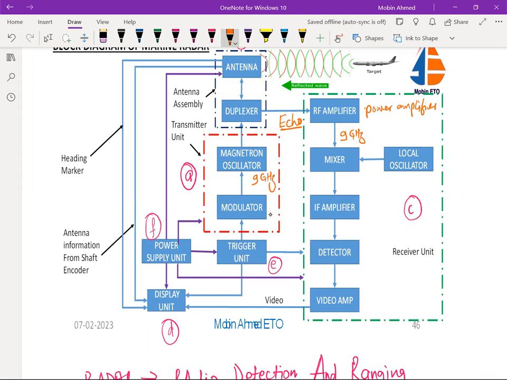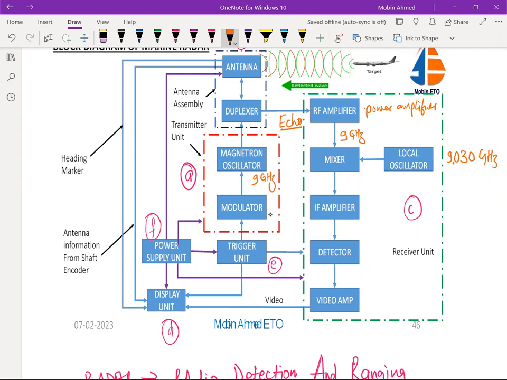Then the local oscillator is going to be tuned above or below the magnetron frequency. Suppose it is 9.03 gigahertz, that means 30 megahertz above the magnetron frequency.